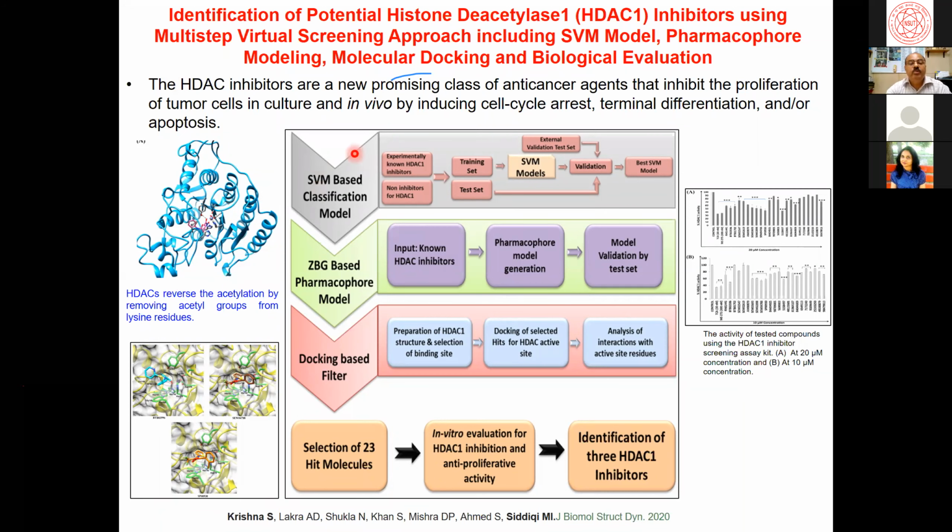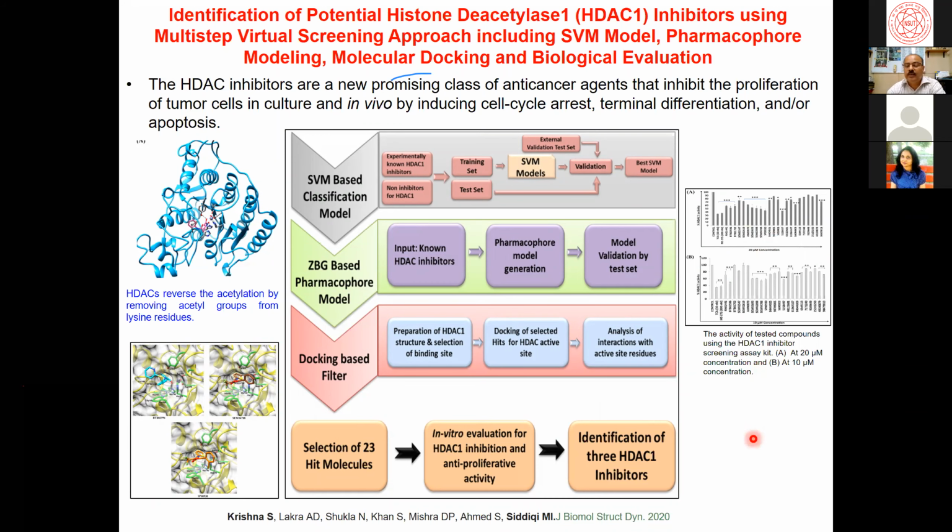So here you use a support vector machine based classification method to classify the data sets, and then use the best SVM models to screen pharmacophore-based models. These are further used with docking-based filters for the identification of three novel HDAC inhibitors, which have shown very good activity in the biological assays.